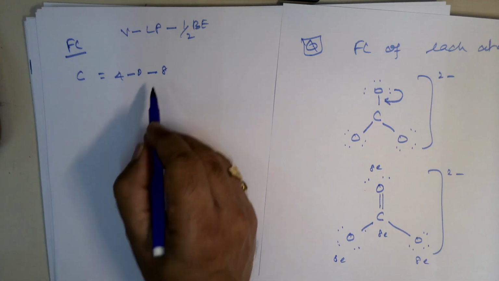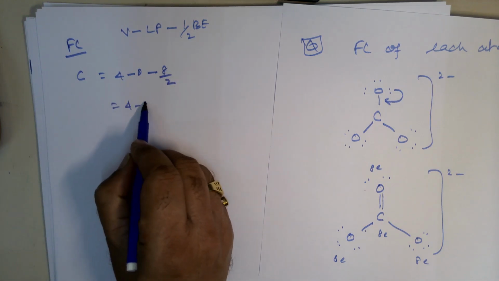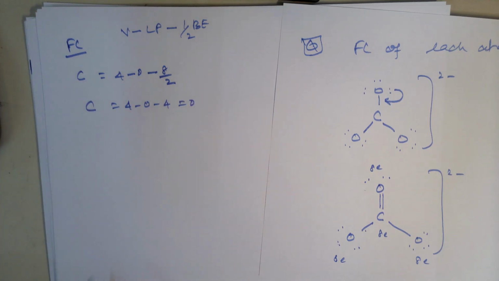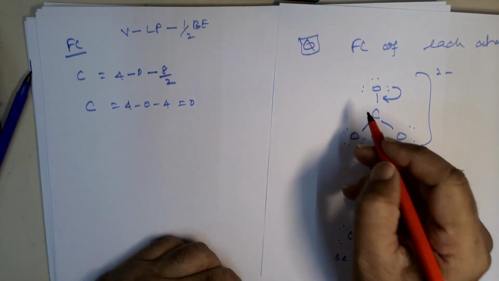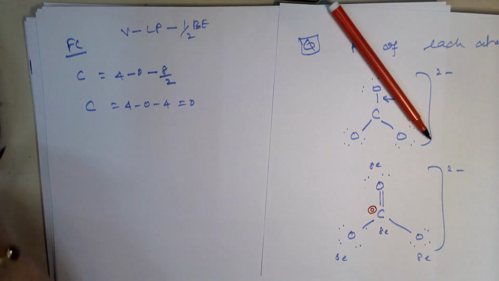So 8 divided by 2. So in that case, 4 minus 0 minus 4 is equal to 0. So carbon has a formal charge of 0, take down. So you can put 0.